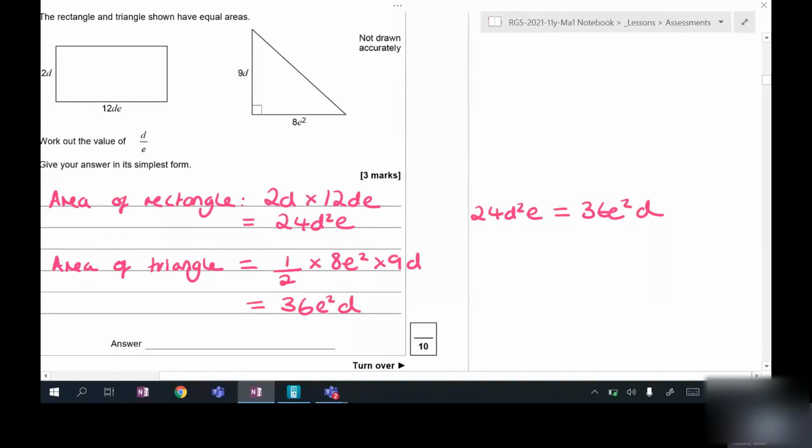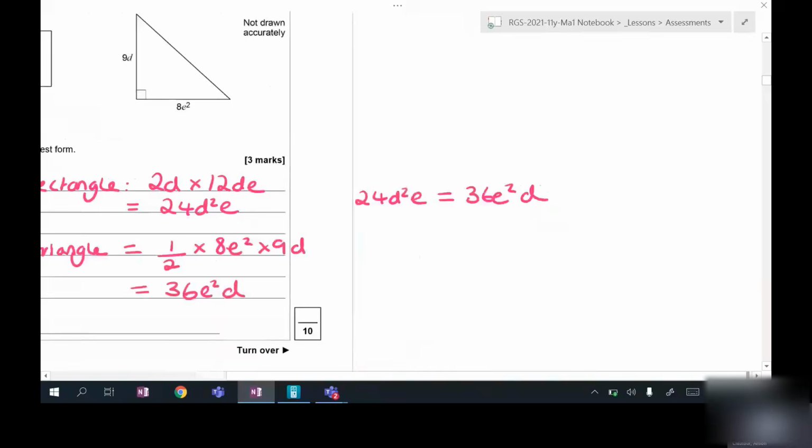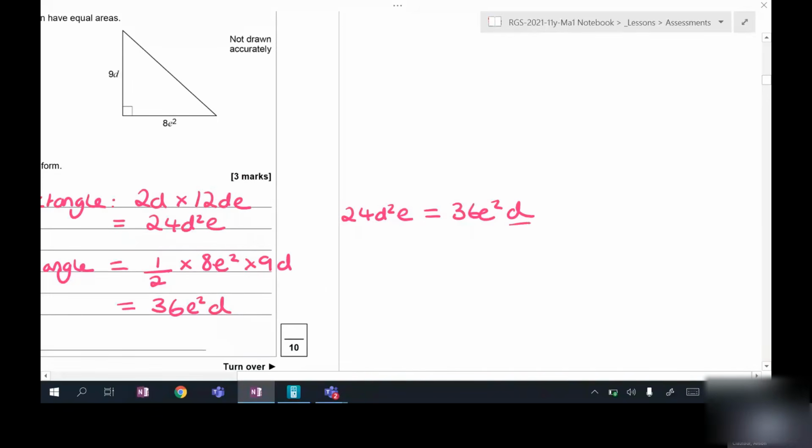If we're trying to find d divided by e, I've got a d on top on this side. So I probably want to collect my letters on this side and my numbers on the other side. So I'm going to do 24 divided by 36, a bit like cross multiplying, but cross dividing, I suppose. And then we've got e squared d on this side, and I'm dividing by d squared e.